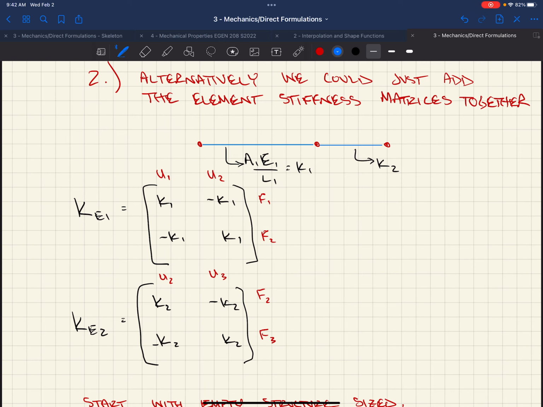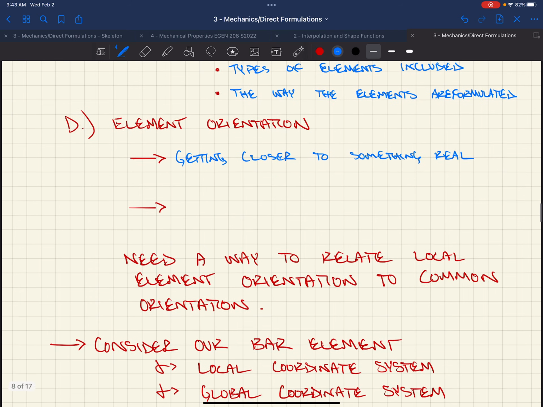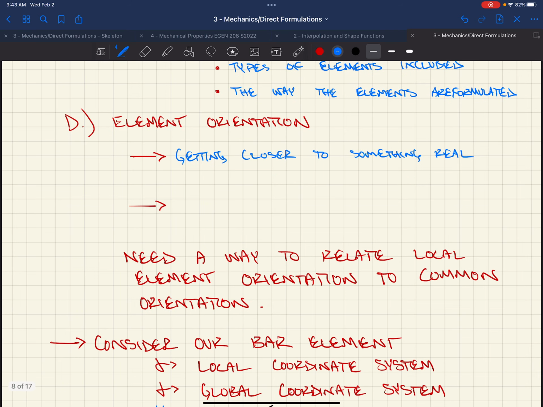A truss is a good example of that, where we have all these laces and cords acting together, and the local direction, the direction along the length of our bar element, a lot of times doesn't coincide with a lot of the other elements in the system. And so we need to figure out a way to relate element orientation. So the real world's not a straight line.